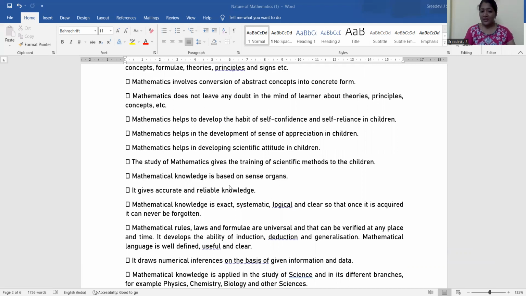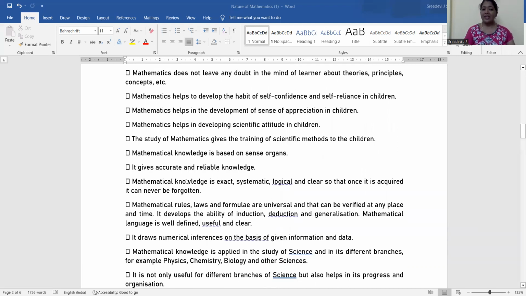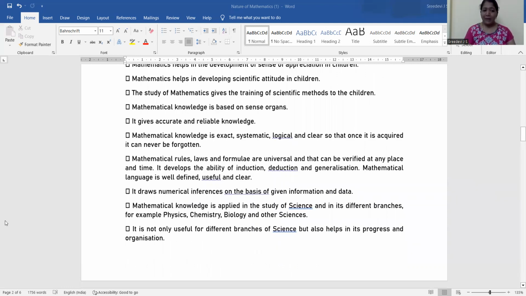It is a knowledge based on sense organs and it gives an accurate and reliable knowledge, right? And it is exact, systematic, logical, and clear so that once it is acquired, it can never be forgotten. Mathematical rules, laws, formulae are universal and can be verified at any place and time. It develops the ability of induction, deduction, and generalization.